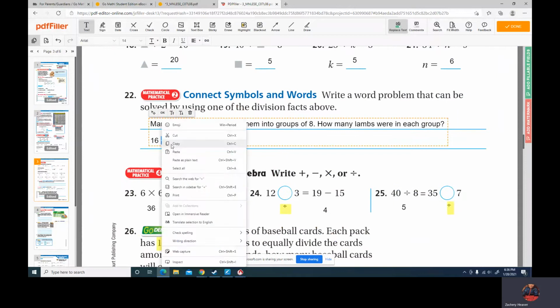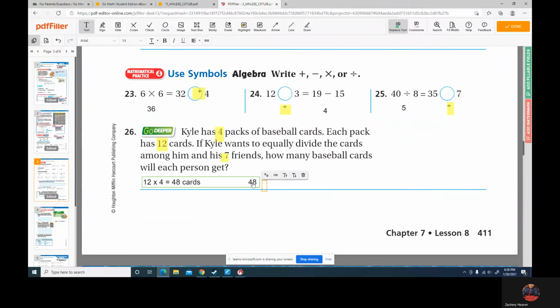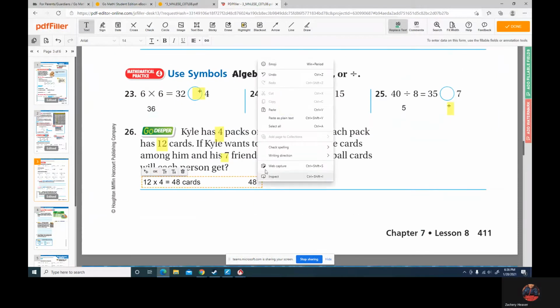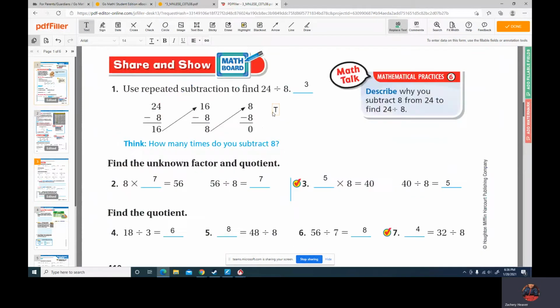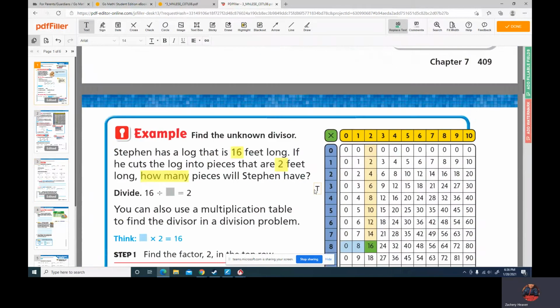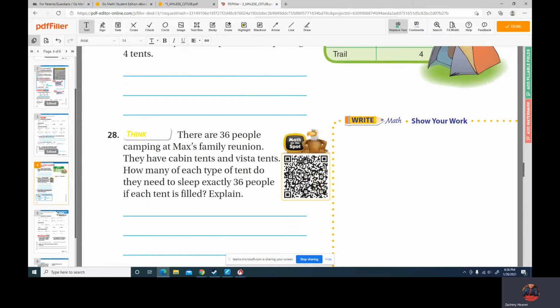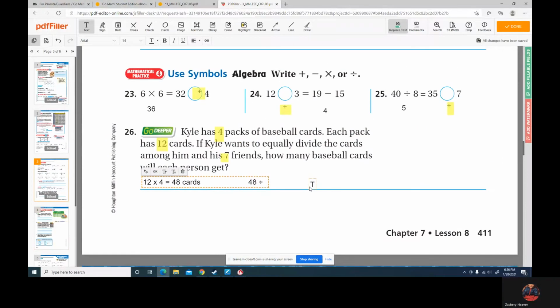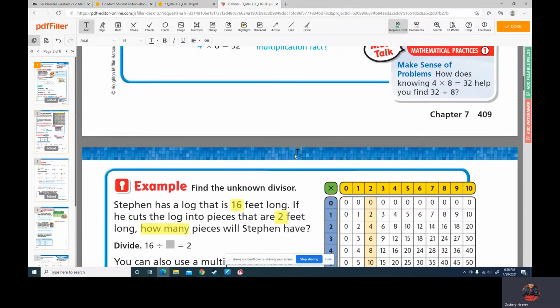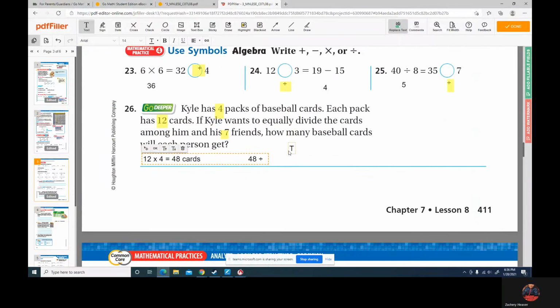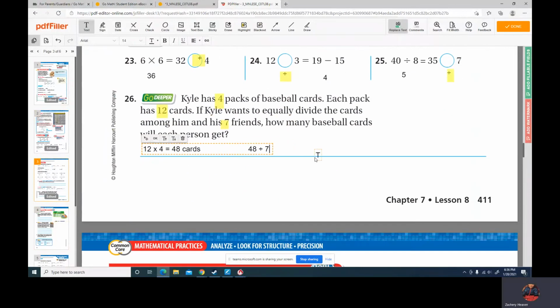It's going to be 48 divided by 7. 7. Oh my goodness. Hold on. I clicked the wrong button. 48 divided by 7. It's going to be 8.